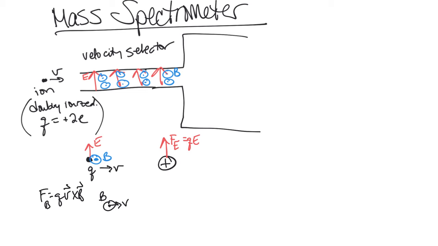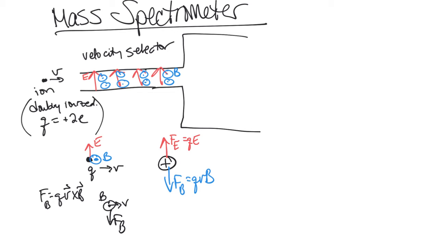Using the right hand, my fingers go along V, and B is coming out of my palm, so I sweep my fingers into that direction. So let me just draw that on here. And that has the value QVB because our V and our B are perpendicular, so there's no sine theta to worry about.